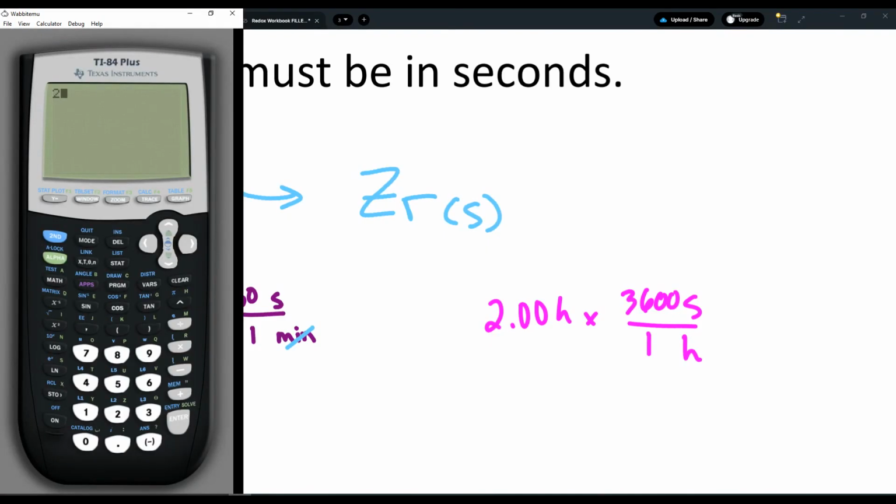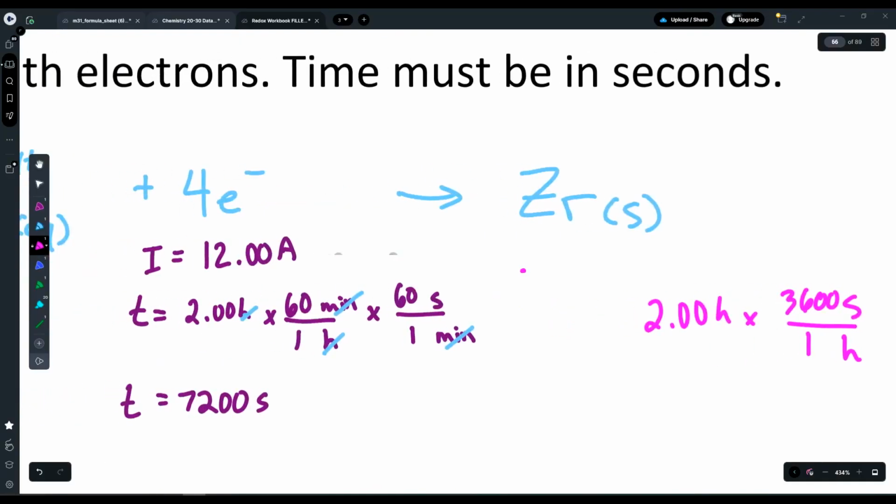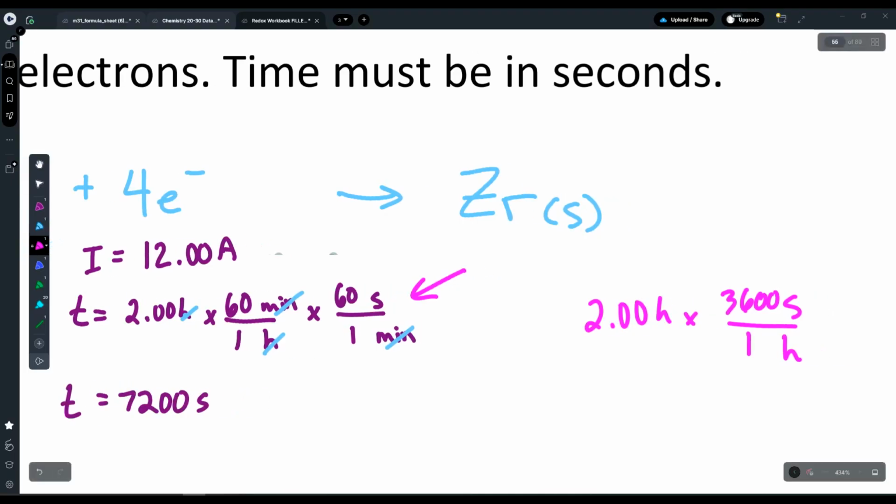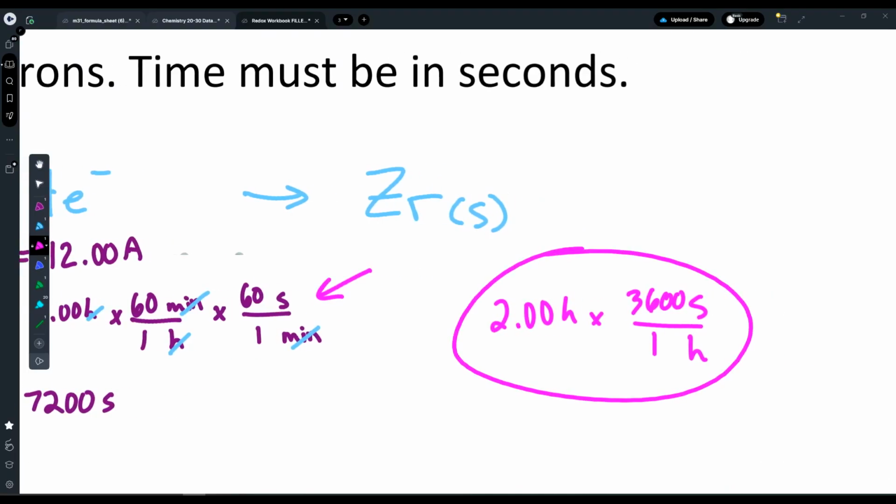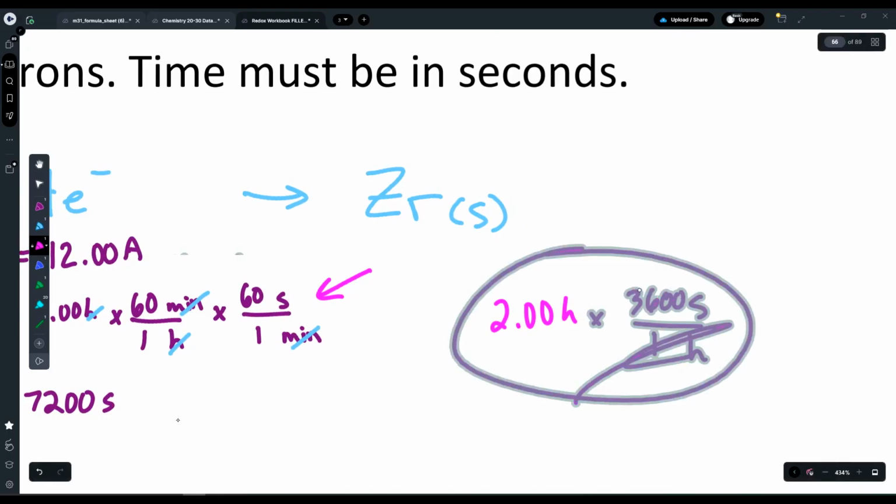To prove you'll get the same answer, 2 times 3,600 divided by 1 doesn't change anything. You still get 7,200. So you've got some options. If you want to do it this way, that's fine. If you want to do it this way, also fine. You just need to remember how many seconds are in an hour.